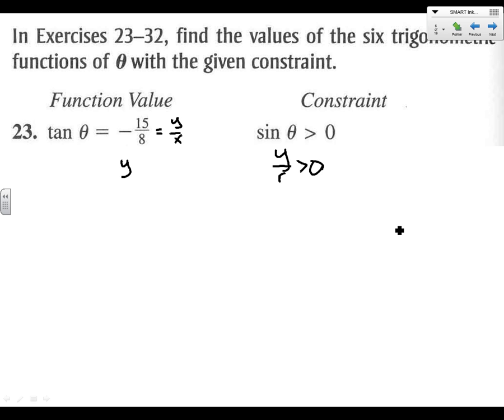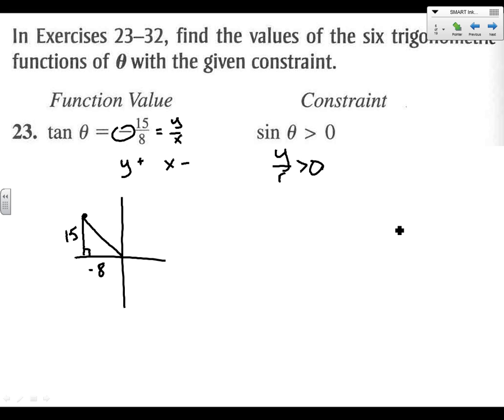So y is positive, x must be the negative here. So that's over here in quadrant 2, where y is positive and x is negative. I'm going to draw myself a nice triangle, and let's label it. The x is 8, negative, and the y is 15.